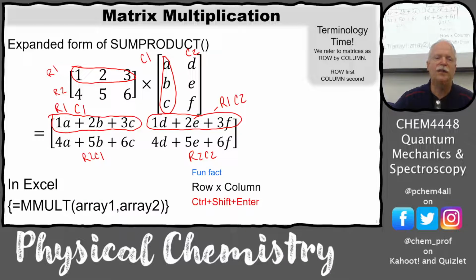So in Excel, this is using the MMULT, which is matrix multiplication. Very, very straightforward. I select the result, which is going to be a 4 by 4 matrix. Then I start typing the formula. Then I select array 1, I select array 2, and then close parenthesis, Control-Shift-Enter, and it fills those 4 cells with the 4 integrals.